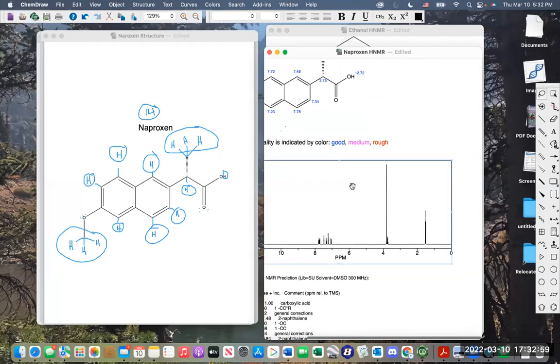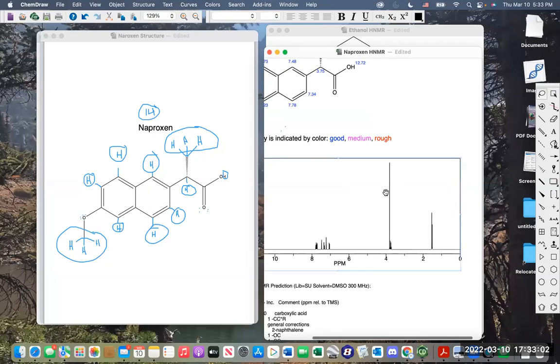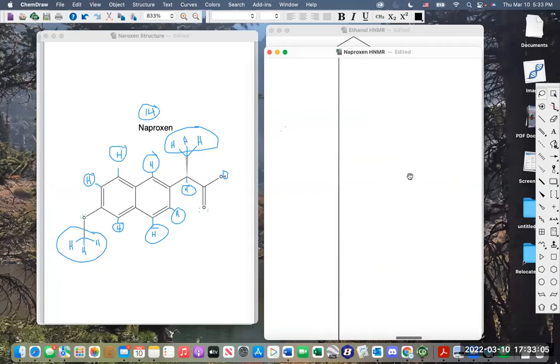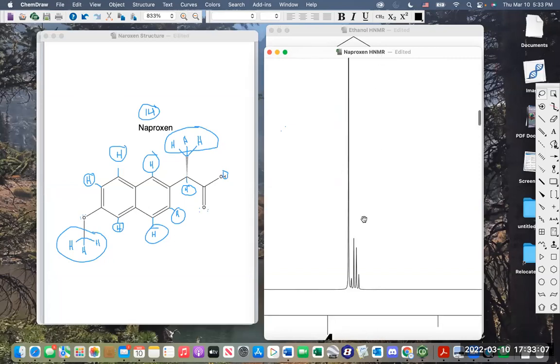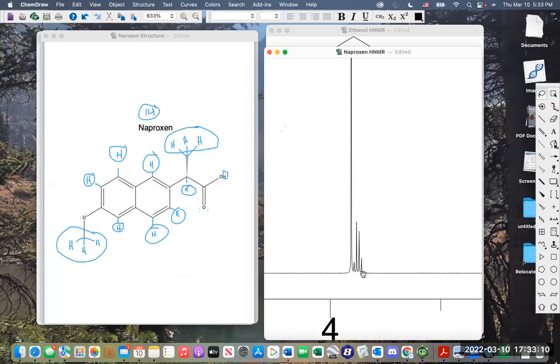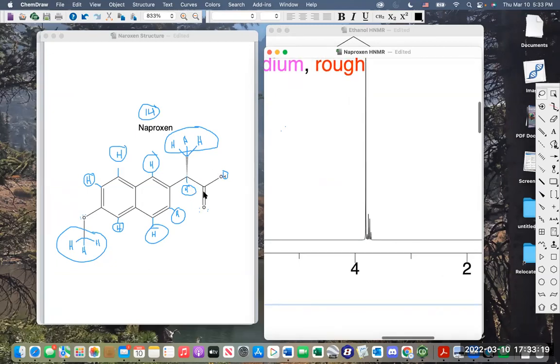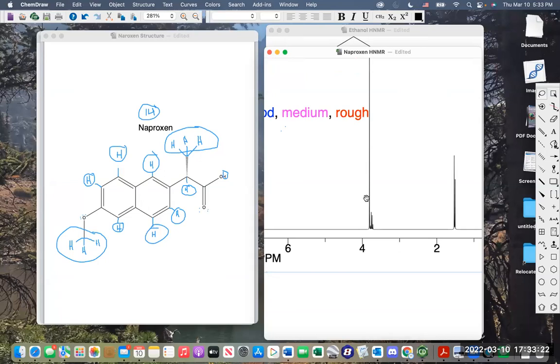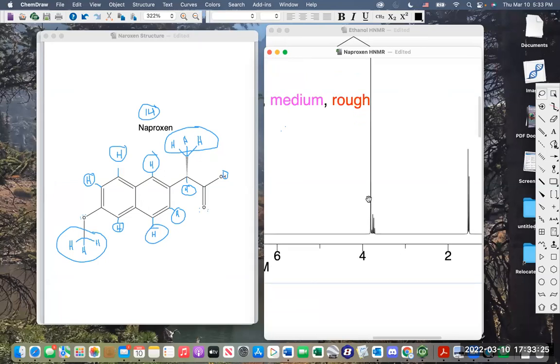So then we'll go on upfield a little bit. Ooh, that is one big peak there. So we can see we have some more. That would actually be 1, 2, 3, 4, 5. That would be an interesting signal to interpret there, but it makes some sense because it would be for this hydrogen right here, because we have 3 here, and sometimes those signals just get a little funky in there.